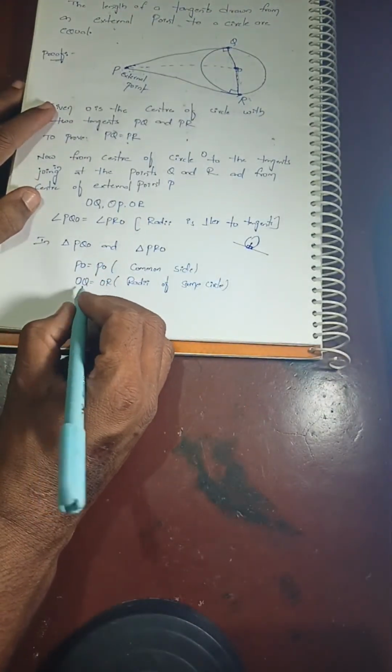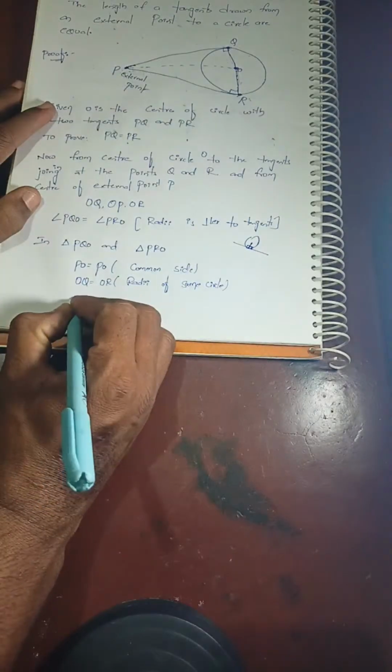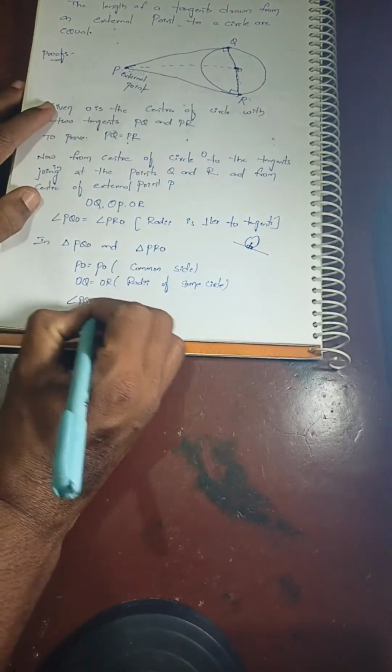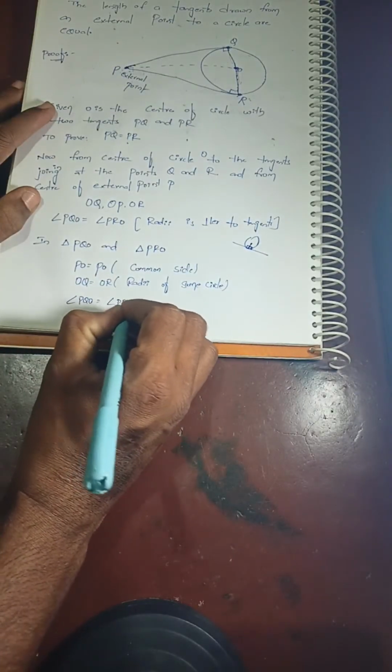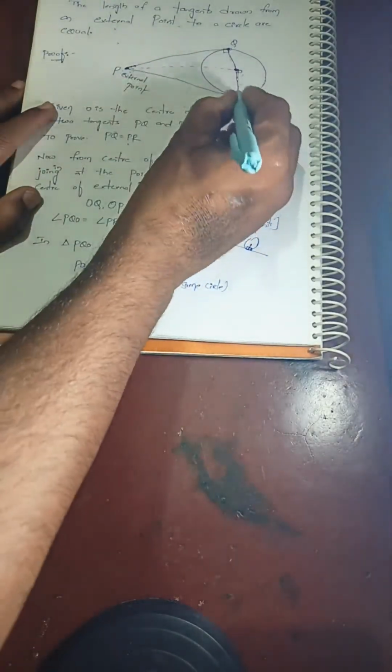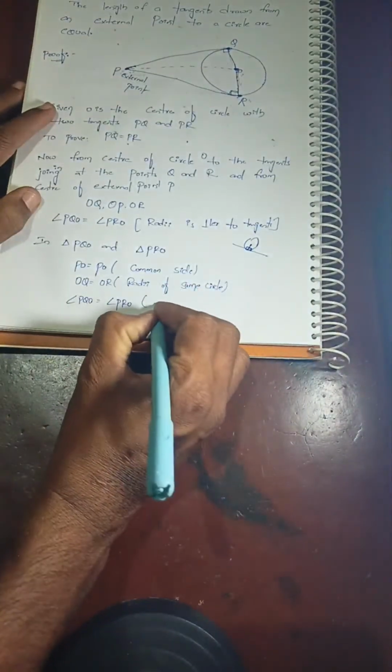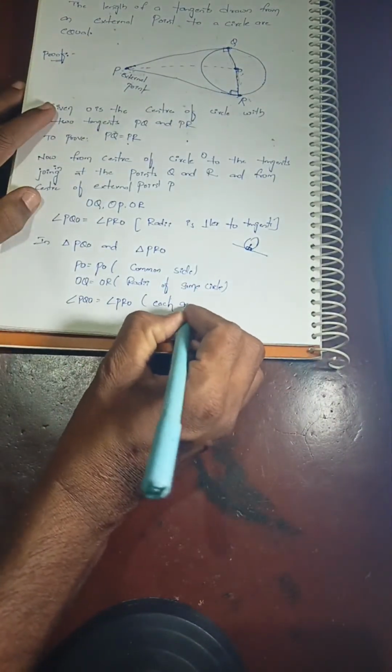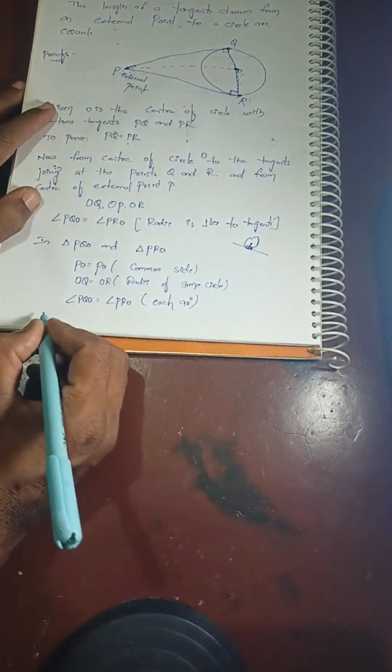Now see the last and final step, what you are going to write. Angle PQO is equal to angle PRO. PQO and PRO are each making an angle of 90 degrees.